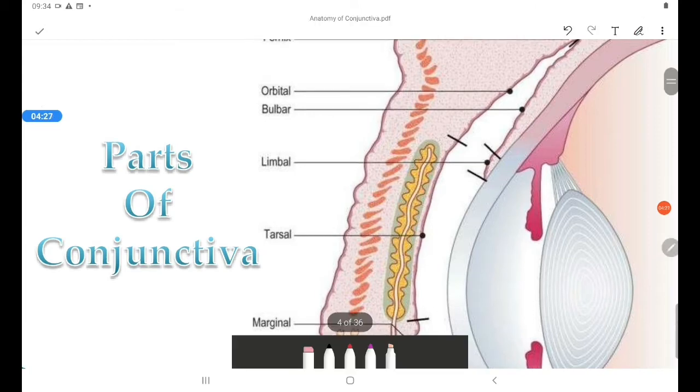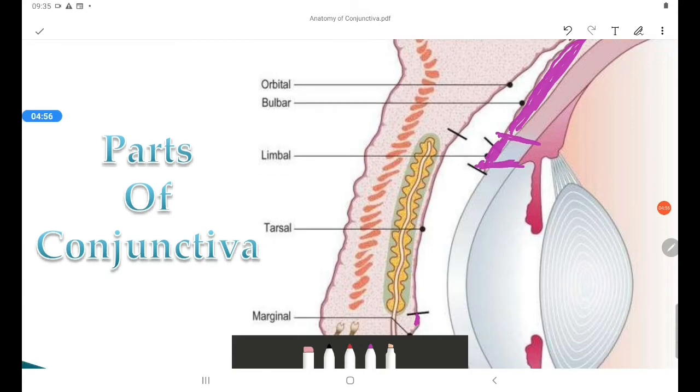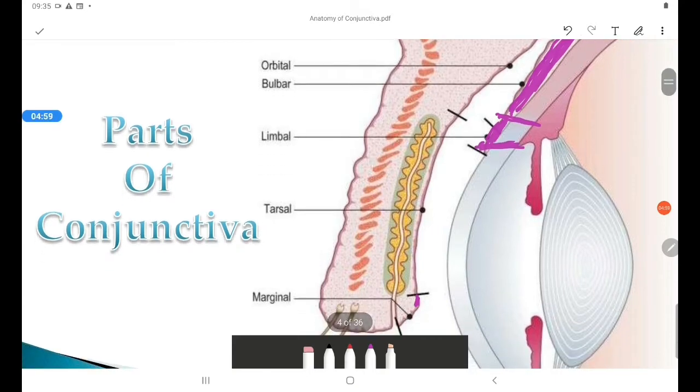So depicting it once again, we know that this is where the conjunctiva starts, that is the limbus part. So this is the limbal conjunctiva. Then this is the area that is covering the sclera of the eyeball. So this is the scleral part of the bulbar conjunctiva, and this is the area that is called the palpebral conjunctiva, and here it is having a marginal part.